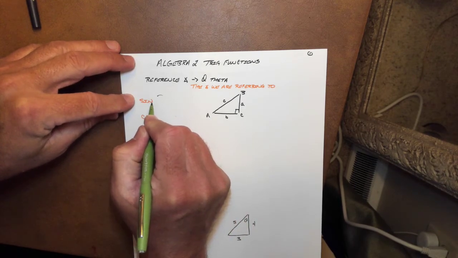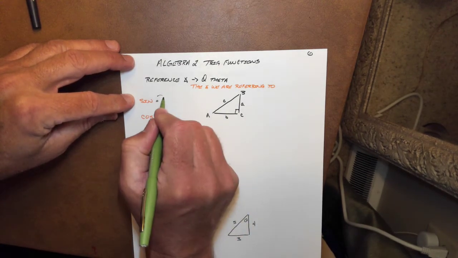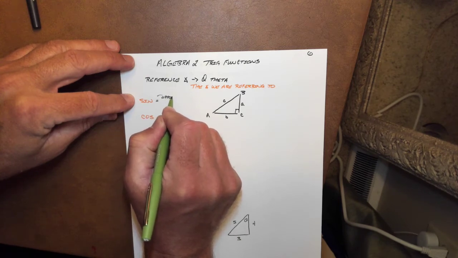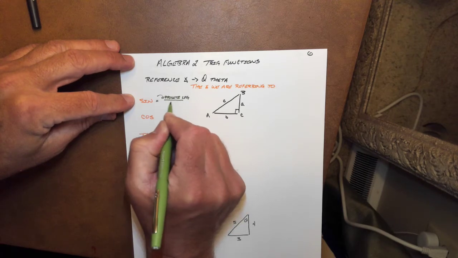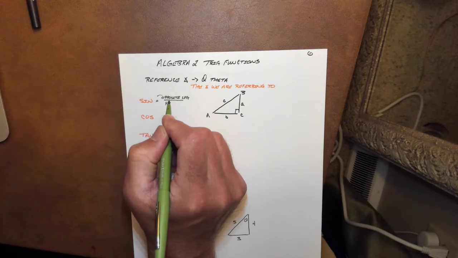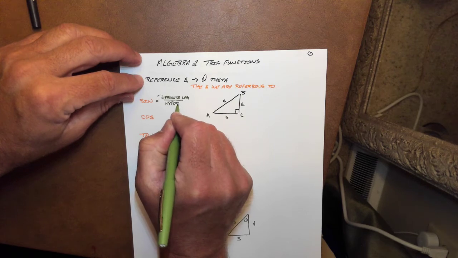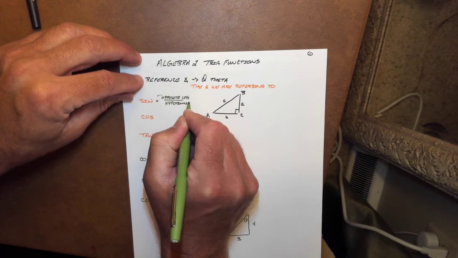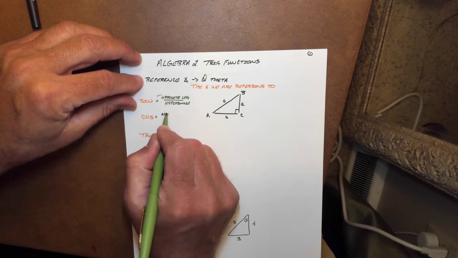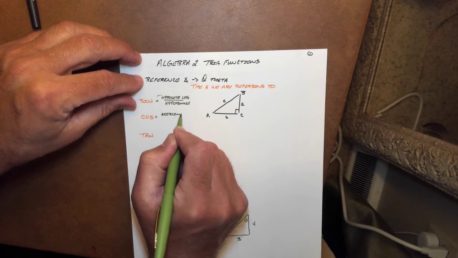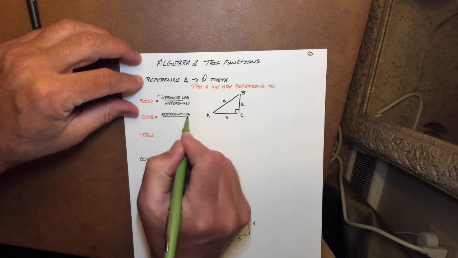sine, S-I-N-E, abbreviated S-I-N, in a right triangle is its opposite leg over hypotenuse. Cosine will be defined as adjacent leg, adjacent to your reference angle, over hypotenuse.